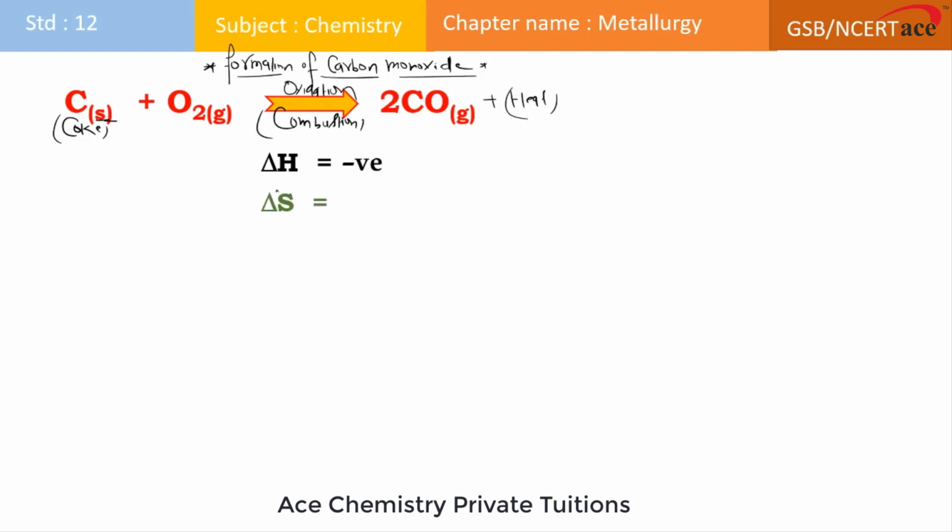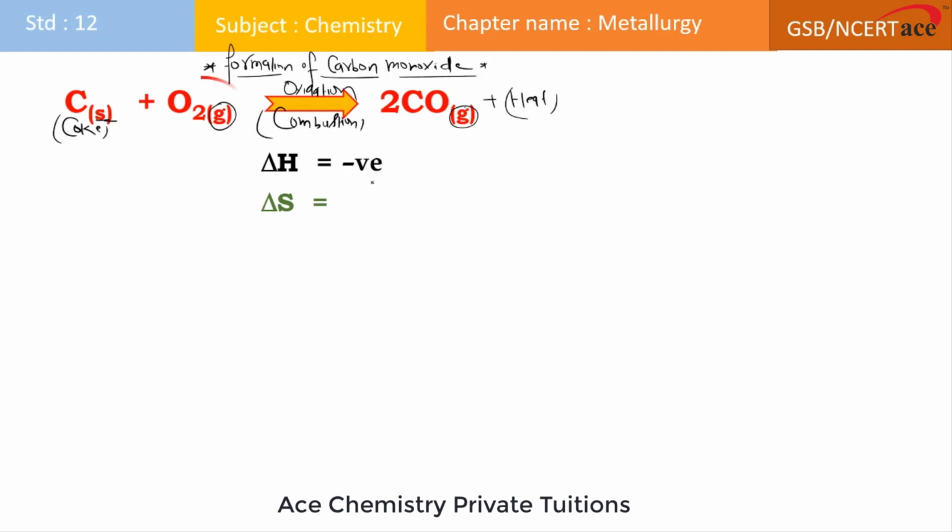Now in order to find delta S, we have to check the physical state of the reactant and the product. For oxygen, the physical state is gas, and for carbon monoxide, the physical state is gas.